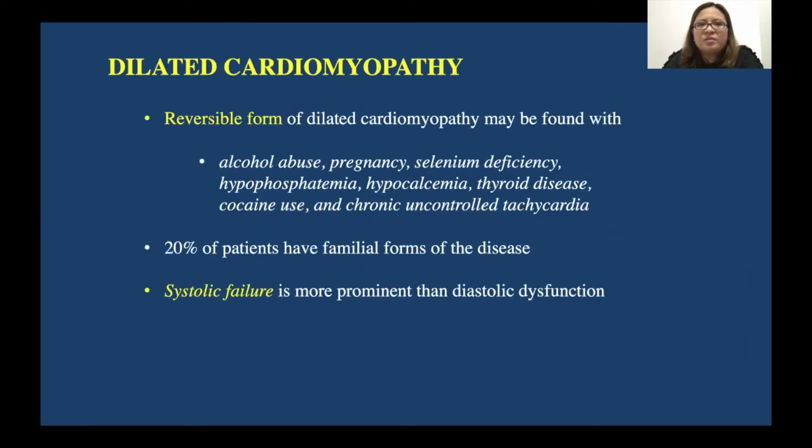There are reversible forms of dilated cardiomyopathy, and these can be associated with alcohol abuse, pregnancy, selenium deficiency, hypophosphatemia, hypocalcemia, thyroid disease, cocaine use, and chronic uncontrolled tachycardia. 20% of patients have familial forms of the disease, and systolic failure is more prominent than diastolic dysfunction.